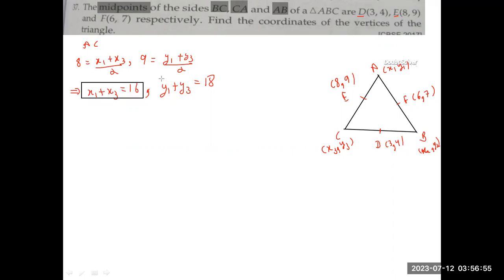So we got two equations, one in terms of x and one in terms of y.